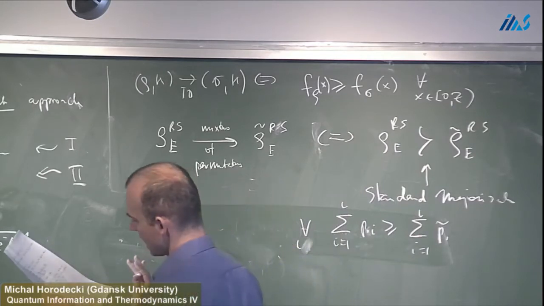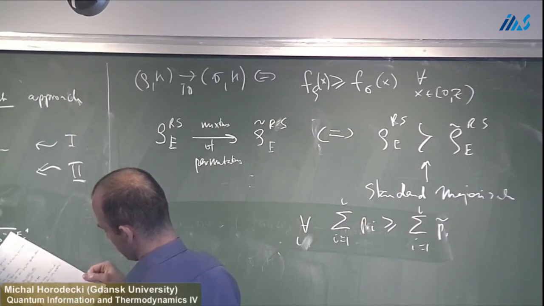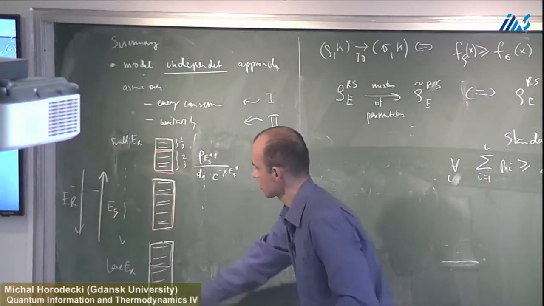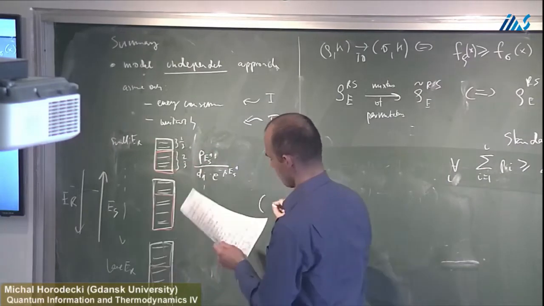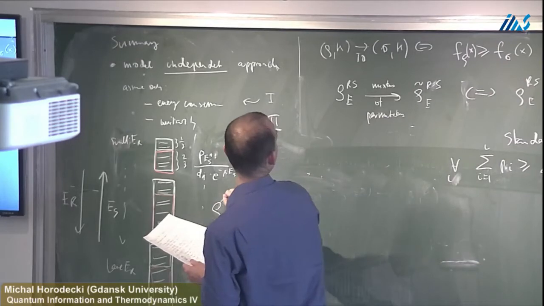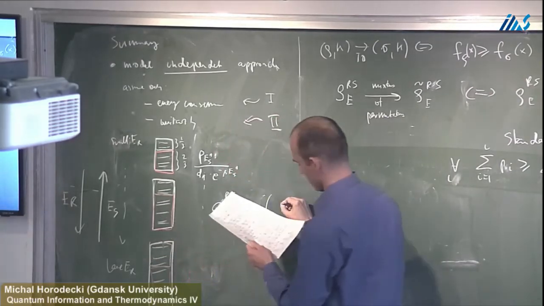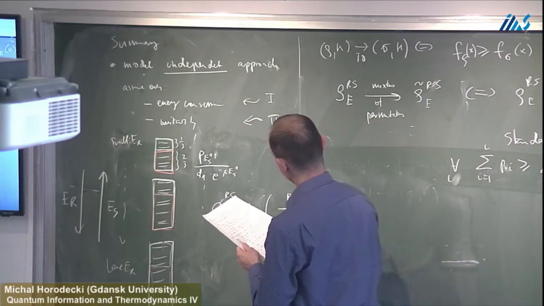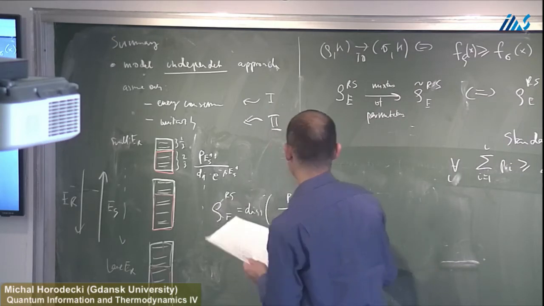So let me now make something to simplify notation. But first let me write how this full probability distribution looks like. It looks like the following. From this block, we have rho RSE, which is diagonal of PE1S divided by E2 minus beta ES1.